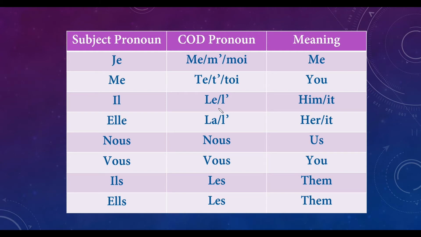We will see that in coming examples. Nous, vous, les. So these are the corresponding meanings. Me, me; te, you; le, him or it; la, her or it; nous, us; vous, you; les, them. I'll keep coming back to this particular slide when we are doing some examples. On continue.